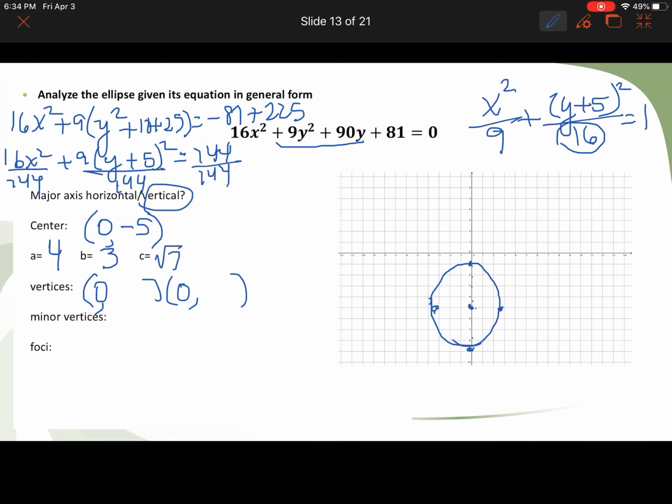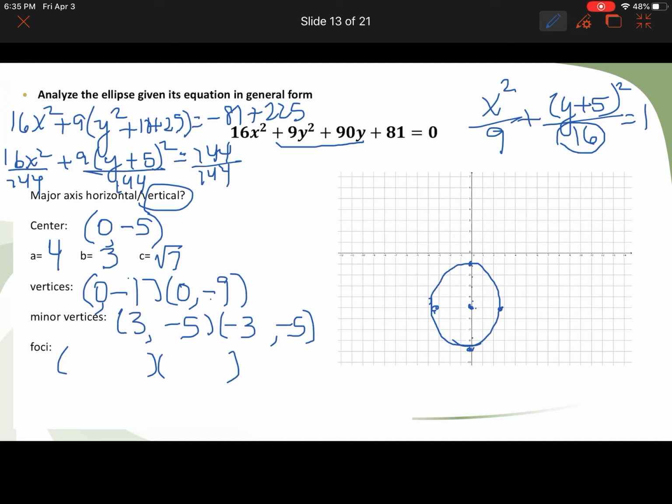The y goes from -5 plus 4, which is -1, and -5 minus 4, which is -9. The minor vertices, it's the y value that is the same as the center. So that's going to be -5. And then I have 0 plus 3 and 0 minus 3.